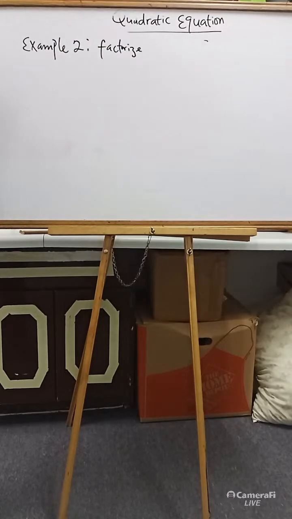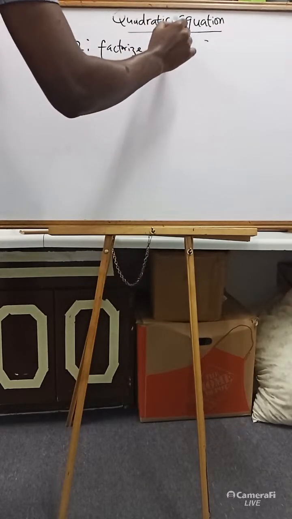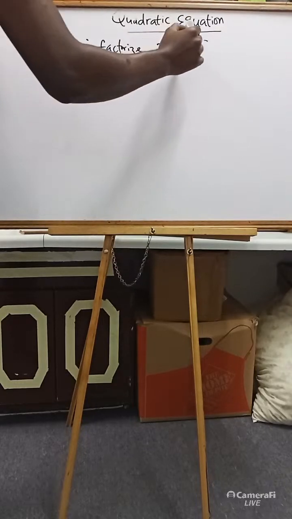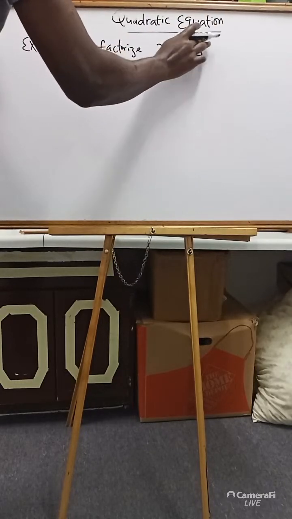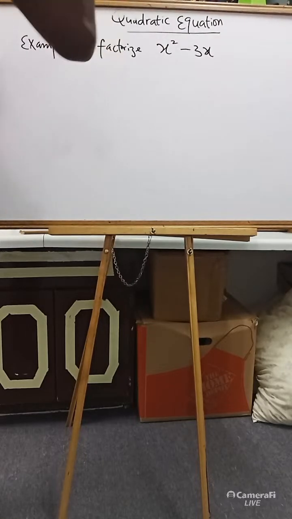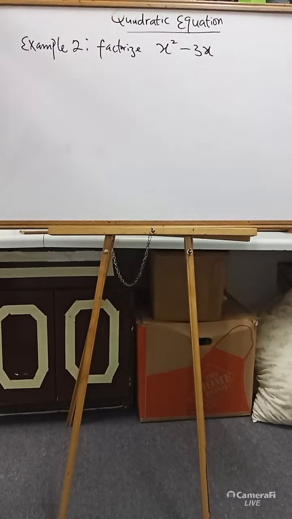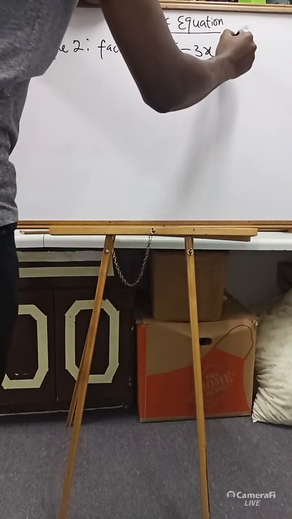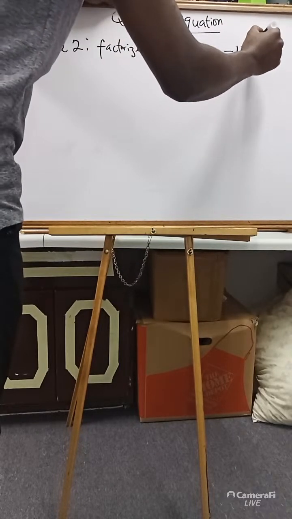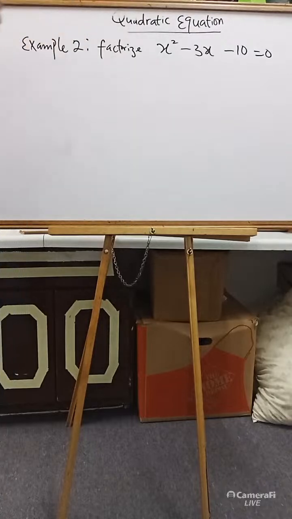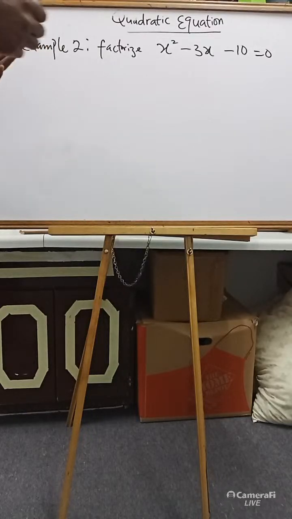Don't forget we are working on quadratic equation. x squared minus 3x minus 10 equals 0. I want to use the same method we used previously to solve this. x squared minus 3x minus 10 equals 0.